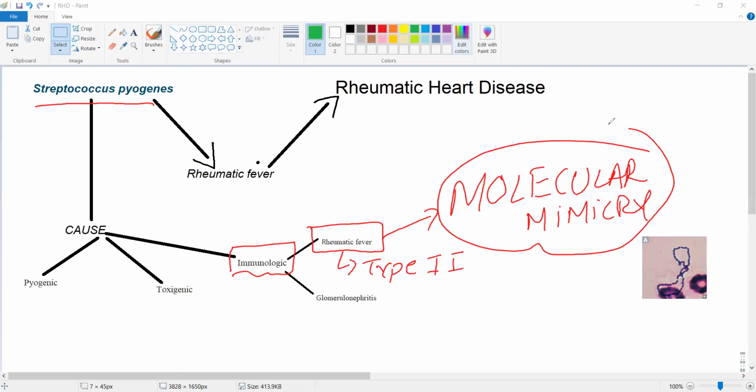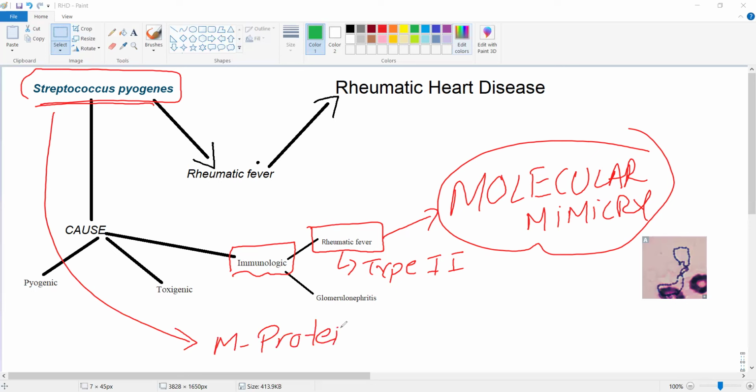So what happens? Streptococcus pyogenes has an M protein. The M protein protects this organism from phagocytosis. So what does our body do?